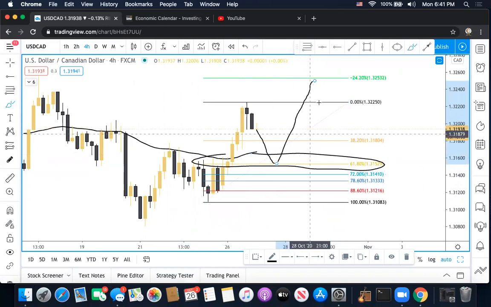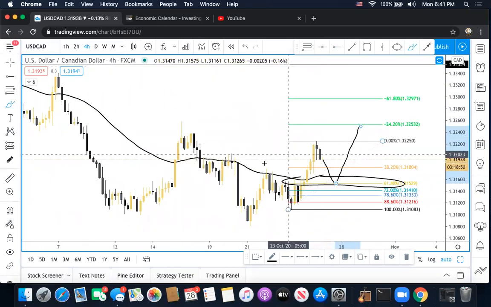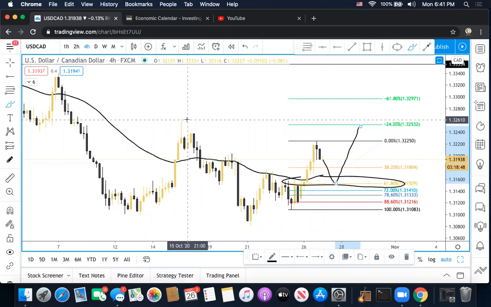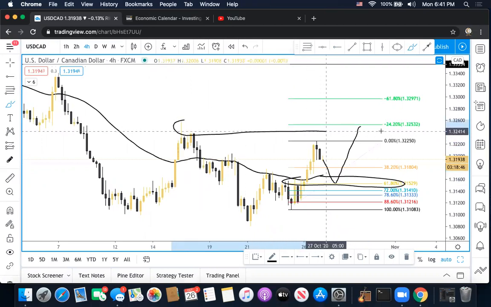So that'd be at least 100 plus pips if we could get a drop back down and then a rise up to make a new higher high. And then that would be coming back up to this region right here.